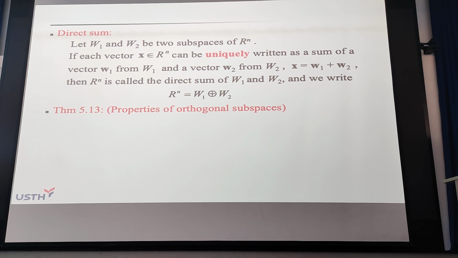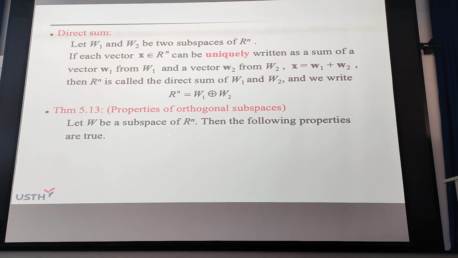So here are some properties of orthogonal subspaces. Once again we go to the orthogonal notion. Suppose that W is a subspace of Rn, then we have the following properties. The first one, the dimension of W plus the dimension of its orthogonal complement equals n. Second, Rn equals the direct sum of W and its orthogonal complement.